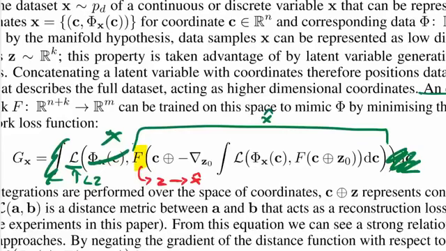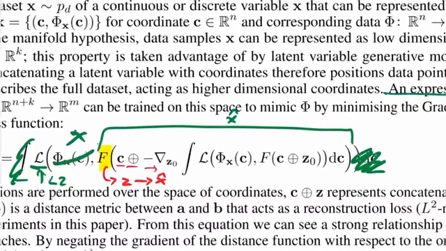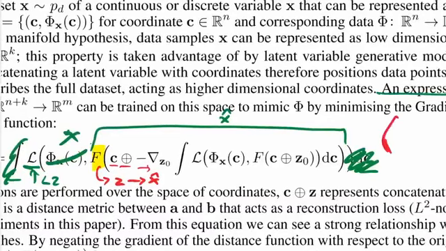F takes in two things. First of all, the coordinates concatenated with the thing on the right. And you remember we said that instead of giving x, y to the implicit representation, we now give x, y, and z, where z is the latent vector of the image we're trying to reconstruct.